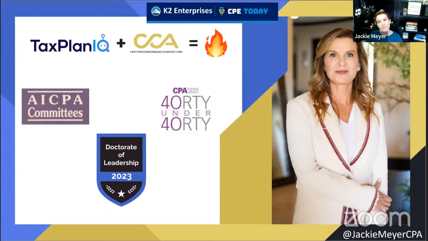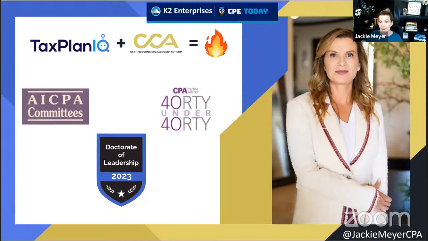And along the way, for some crazy reason, I decided to develop a tax planning software for accountants called Tax Plan IQ. And so some of the examples I show you today are from that software, but I'm also going to give you an Excel worksheet at the end of this that you'll be able to take and run with today for you to do this on your own, no matter what software you're using.